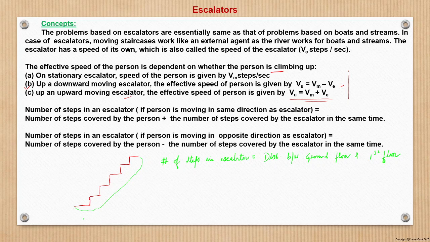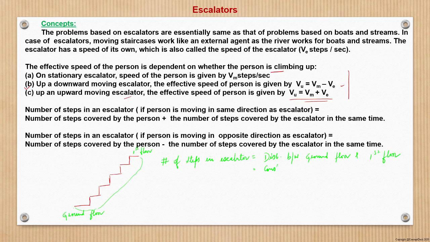So suppose this is the ground floor and this is the first floor. The number of steps visible on the escalator is essentially the distance between the ground floor and first floor, and that is constant because that distance is not going to change.